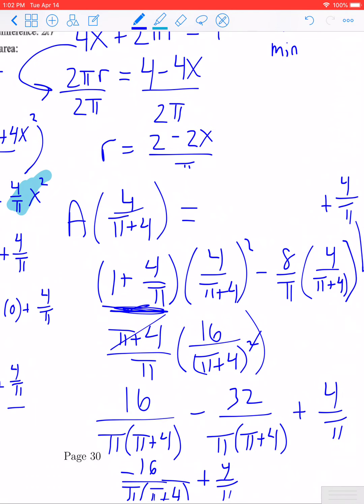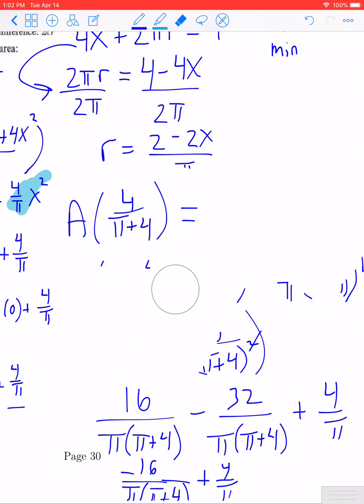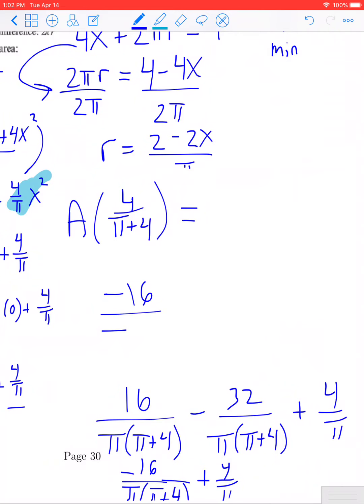If I continue on trying to get common denominators here, it's a lot of computation. There's nothing wrong at this point, if you want to put it into your calculator, that's perfectly fine. But if we can do it by hand, it's always a good exercise to go ahead and do so. This should be plus, getting common denominators, I need to multiply top and bottom here by pi plus 4.